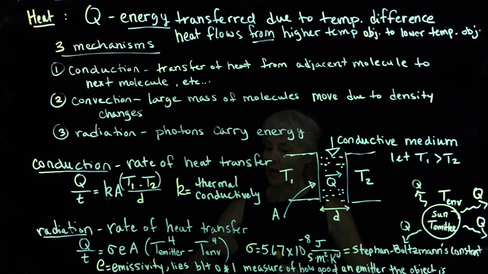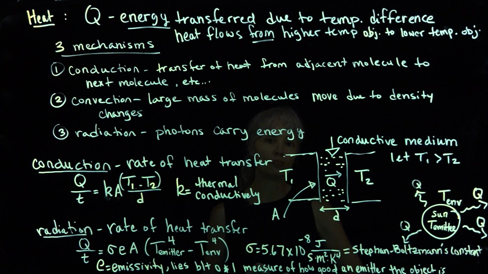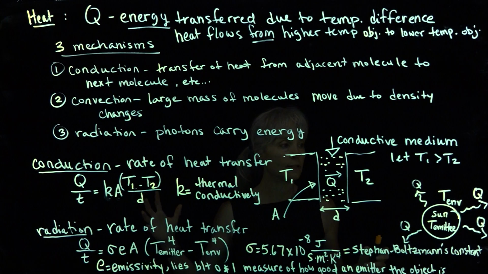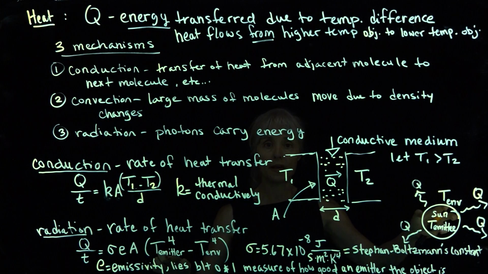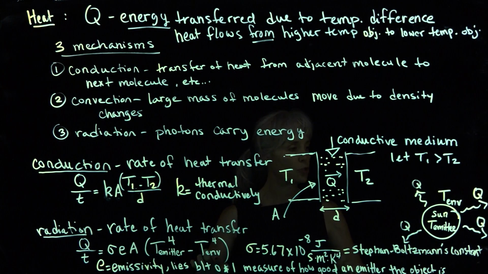So if we apply this formula to the rate of heat transfer from the sun to outer space, then we would have the temperature of the emitter being the temperature of the sun, 6,000 Kelvin, raised to the 4th power minus the temperature of the environment being space, that would be 4 Kelvin raised to the 4th power.